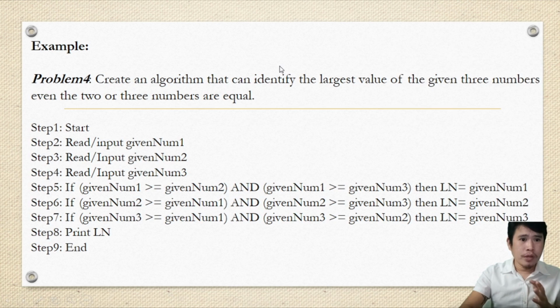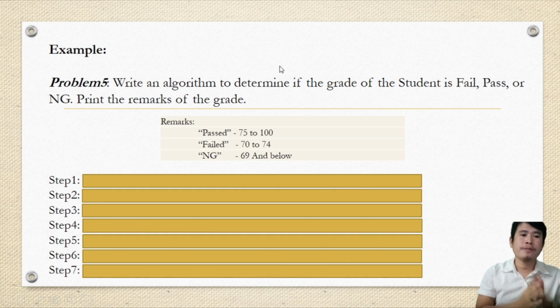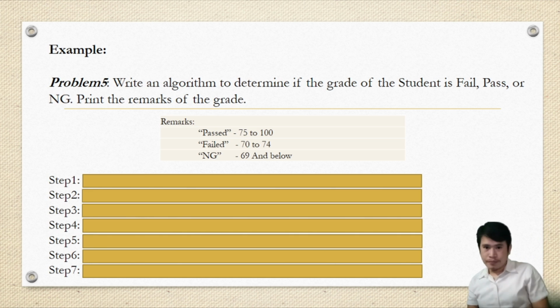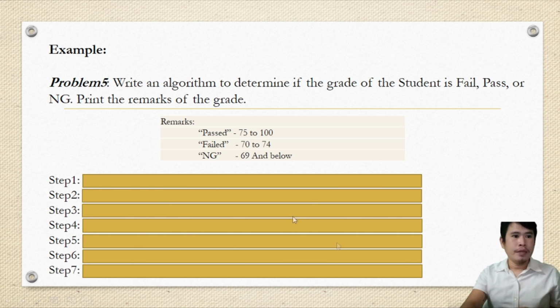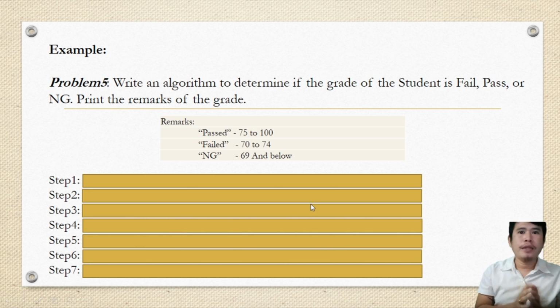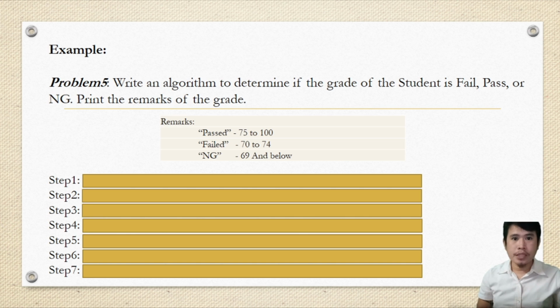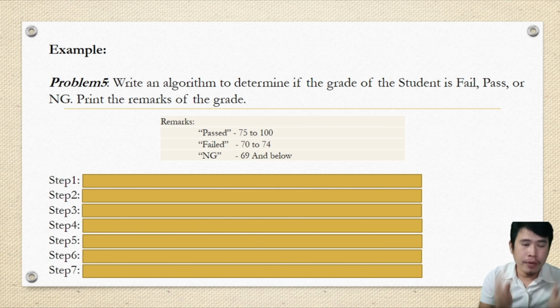So now we have also this another example. Okay? So write an algorithm to determine if the grade of the student is fail, pass, or no grade or NG. And then print the remarks of the grade.